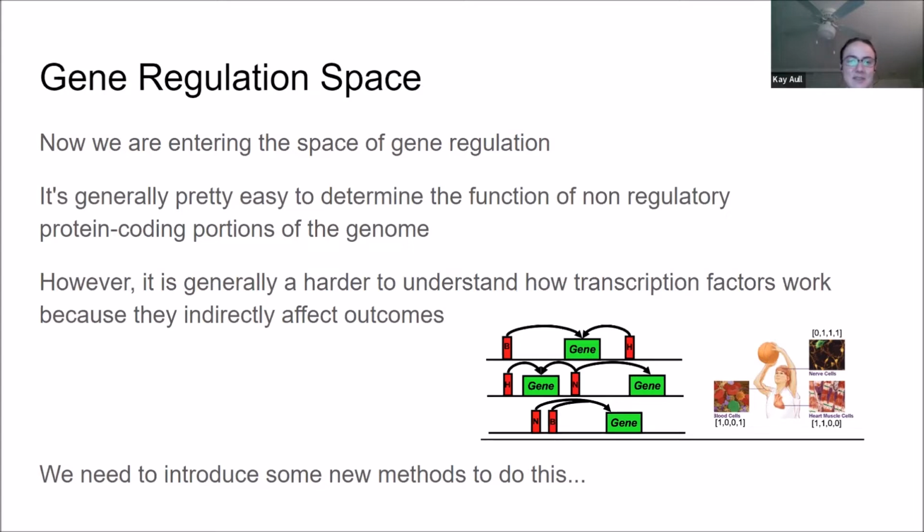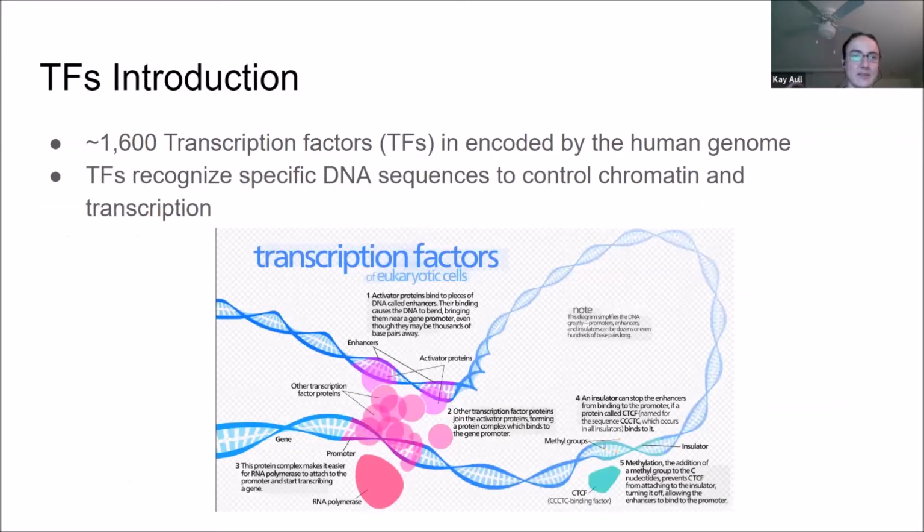And these are useful if you're trying to study gene regulation, and you want to know what things this transcription factor can affect. This is something that I probably don't have to go deep into, but transcription factors are proteins that are encoded, and they recognize these specific DNA sequences.